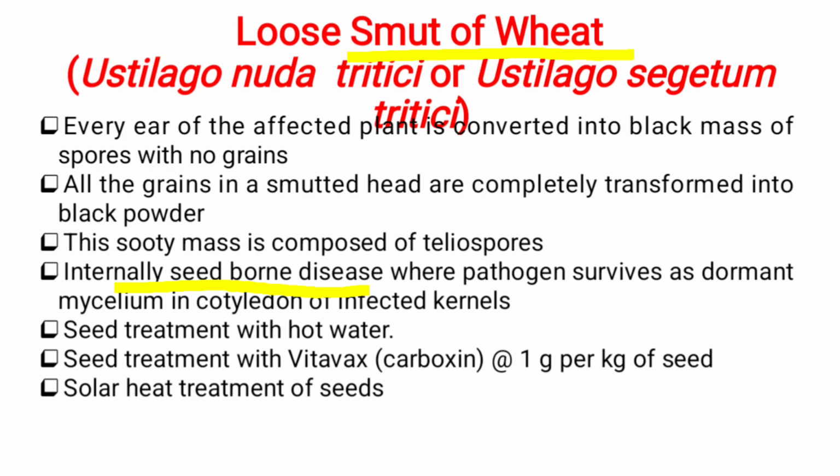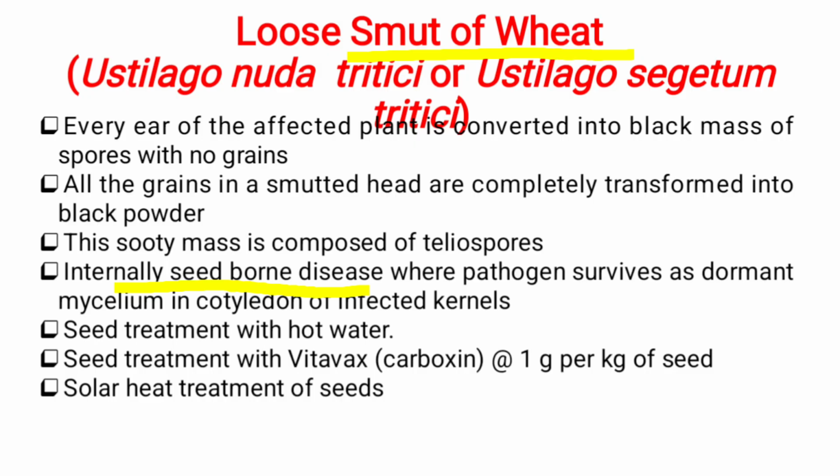Right, so this is the loose smut of wheat disease, which is caused by the pathogen Ustilago nuda tritici, and it is also known as Ustilago segetum tritici. Here you can see that every year the affected plant is converted into a black mass of spores.